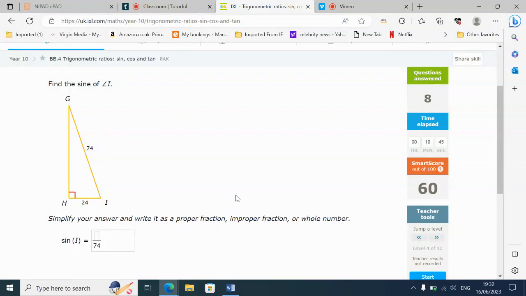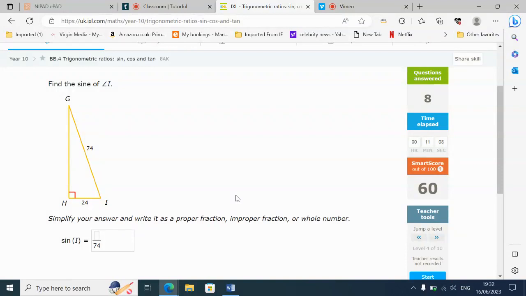So 74 squared is 5,476. And 24 squared is 576.